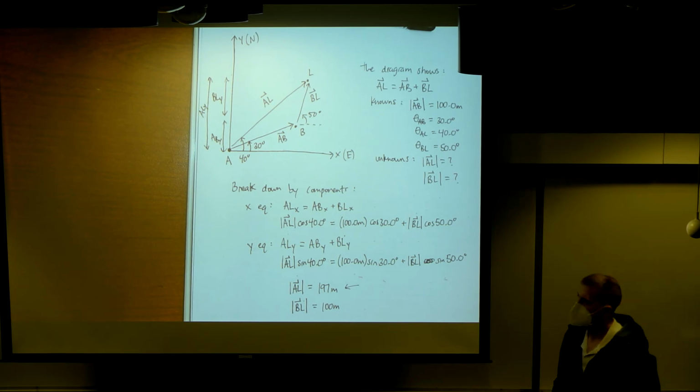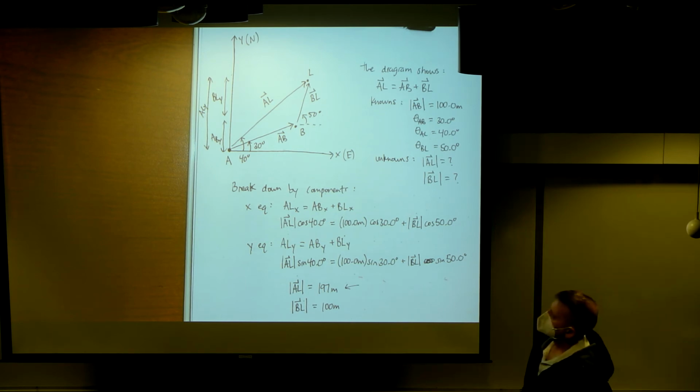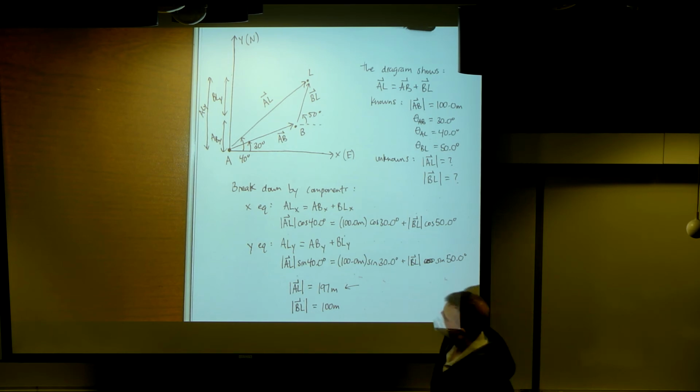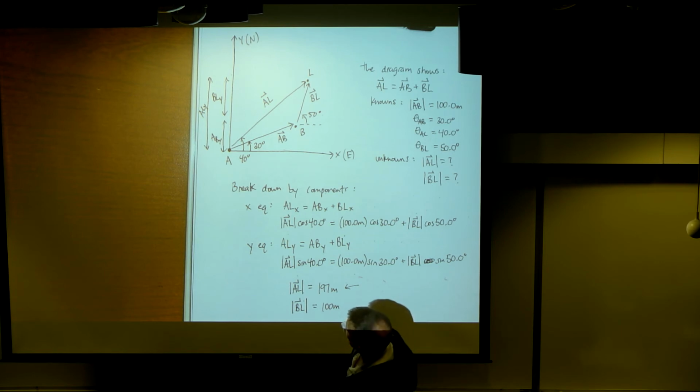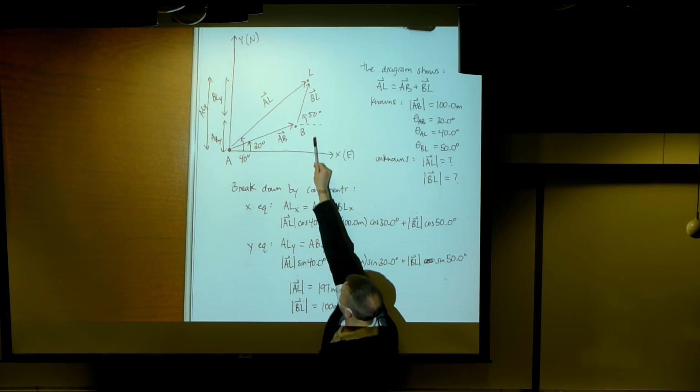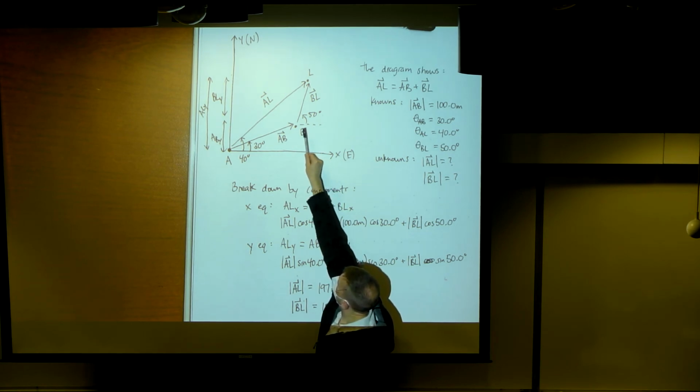If the degree was in between, in the triangle, not on the outside, would we still be able to use that angle? Yeah, if it was on the inside, would it still be able to use, like this angle?